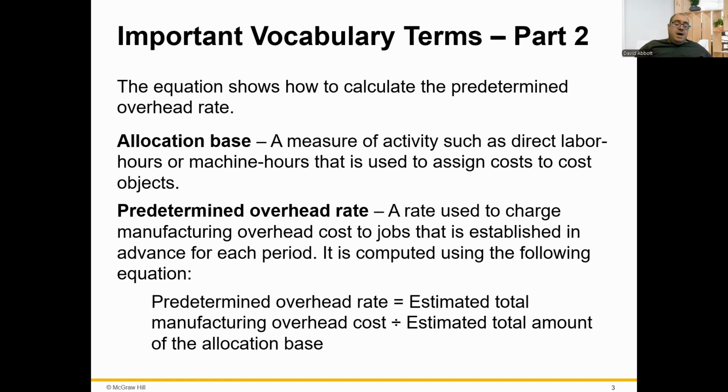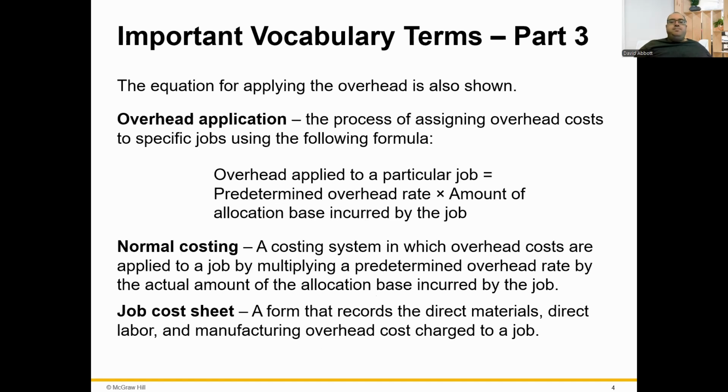And I touched on that a little bit earlier, that because the predetermined overhead rate is determined in advance of each period, it may or may not be an accurate representation. It is as accurate of a representation as we can get, but we know that things can sometimes change as you go through an actual period.